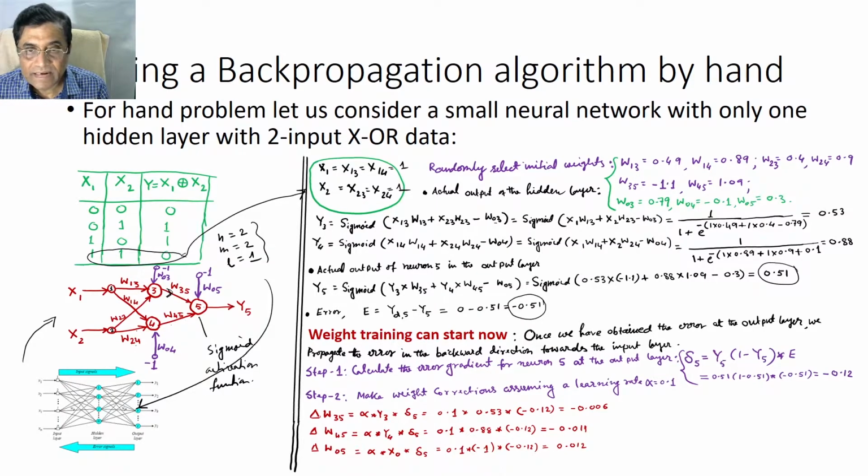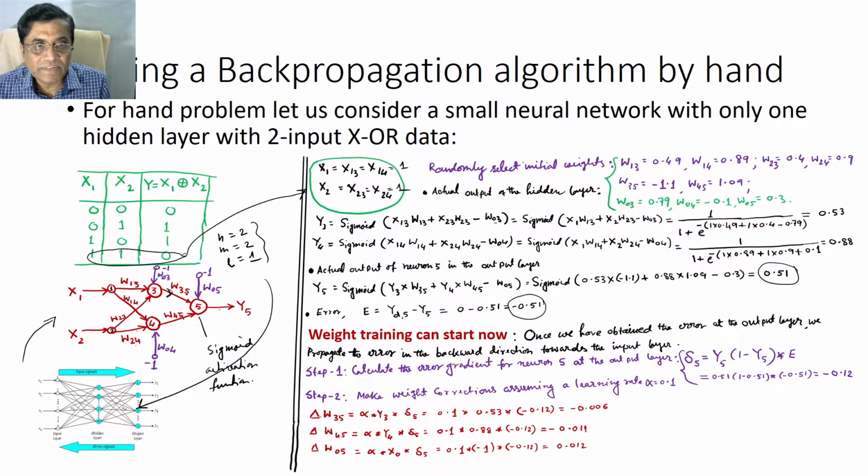So calculate the error gradient for neuron 5, because the error you have calculated here, that only you can do, and that error is now contributed by this and this. So the way they have contributed, I need to compensate. Accordingly, that's why I need to calculate the error gradient. That means to know whose role is how much for the error.